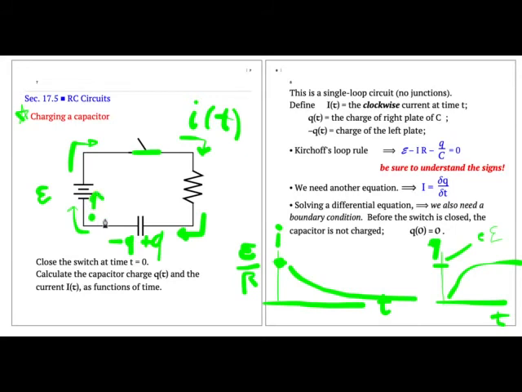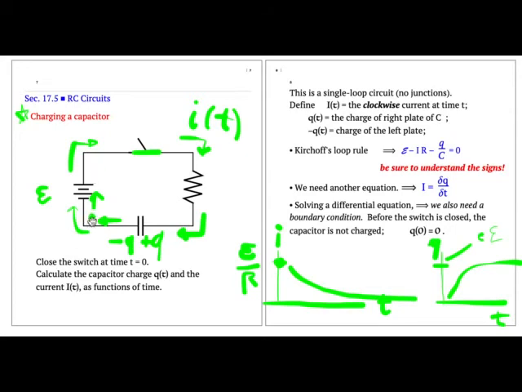You're starting and ending at the same point, so the change in potential has to be 0, because you go from some potential, call it V, it goes around, it changes, it comes back, it's got the same value V at that point. So delta V is 0 around the loop. That's Kirchhoff's loop rule.